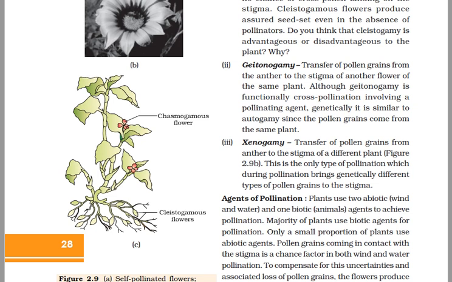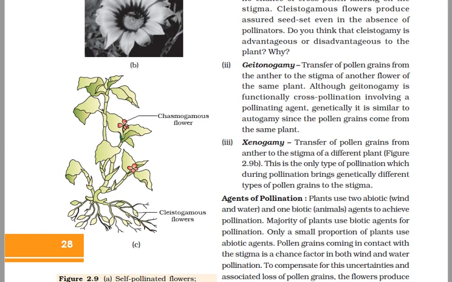That is the benefit of self-pollination. It provides the parental characters, and there are more chances of autogamy in these flowers.